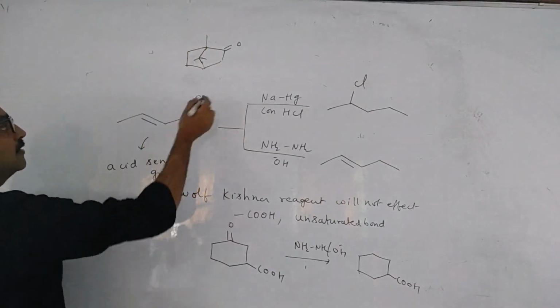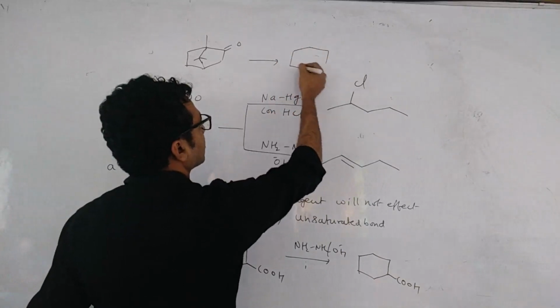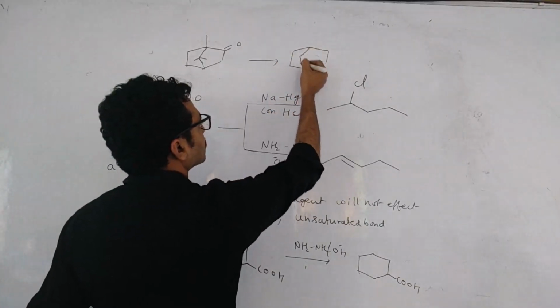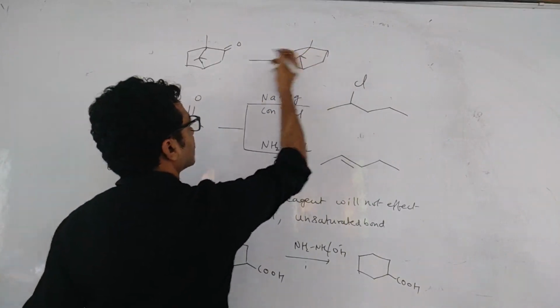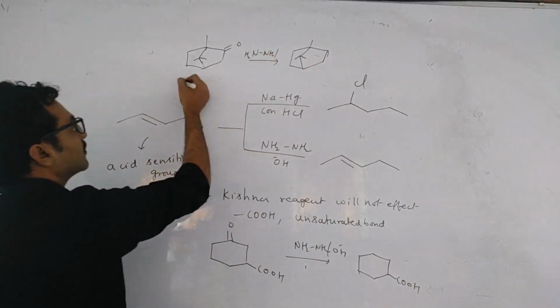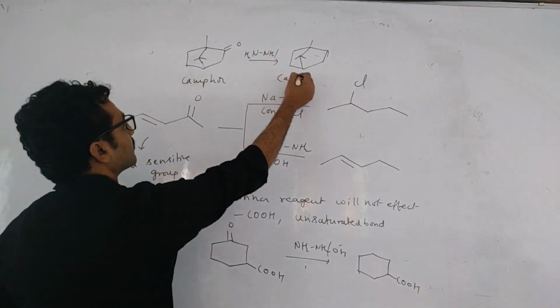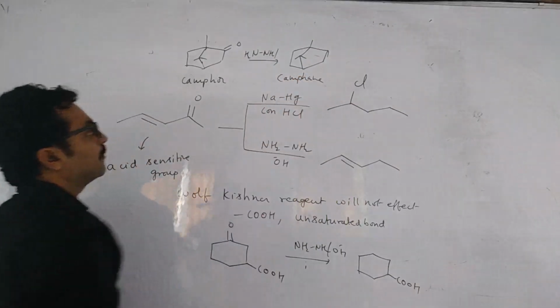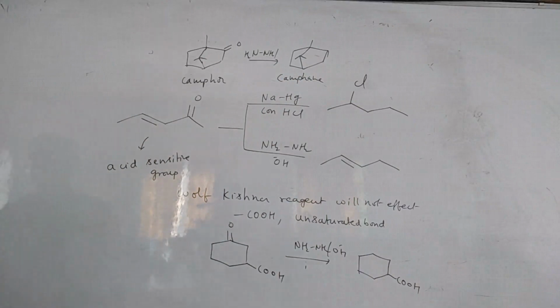So camphor to camphene you can prepare. Meaning even bicyclic compounds can be done with what? Wolff-Kishner reduction. Camphor to camphene can also be formed by Wolff-Kishner reduction.